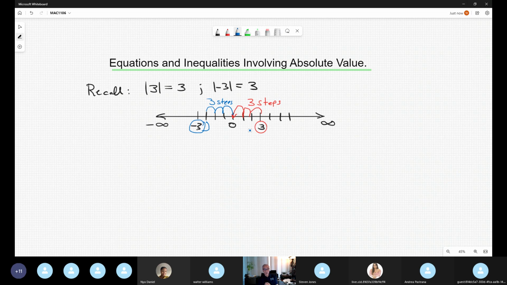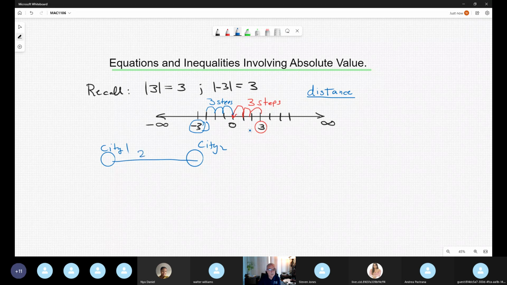And when you're talking about distance, it's the concept that measures the space. For example, what is the distance between city 1 and city 2? Suppose it's Hialeah, 20 miles in that direction.